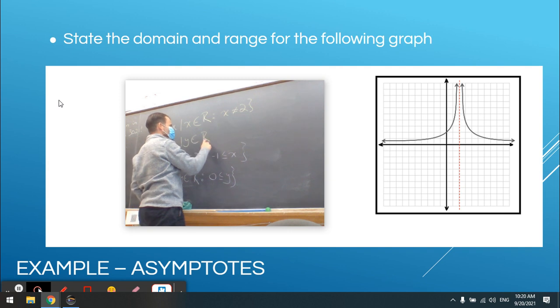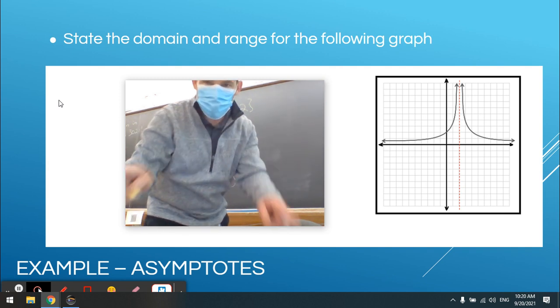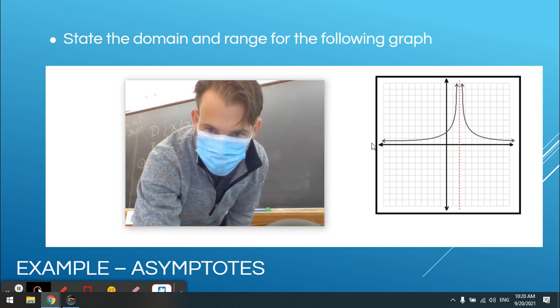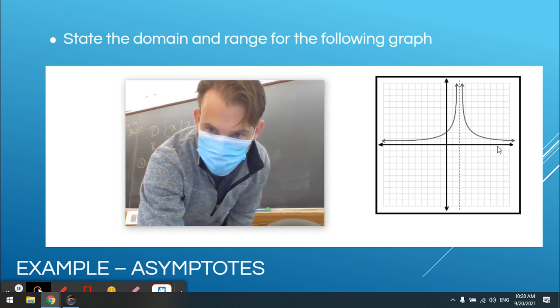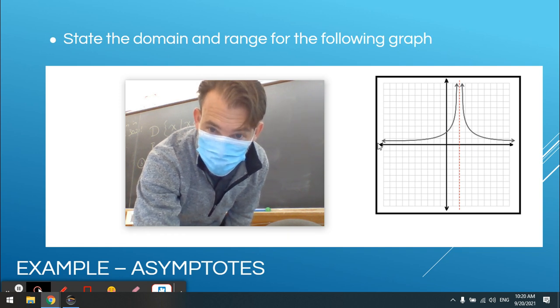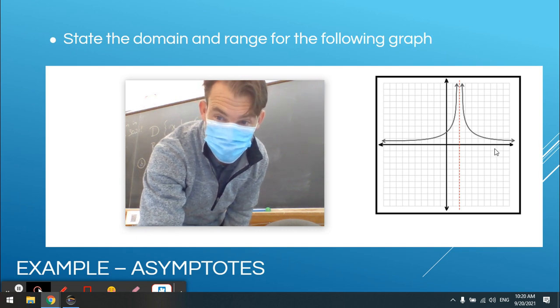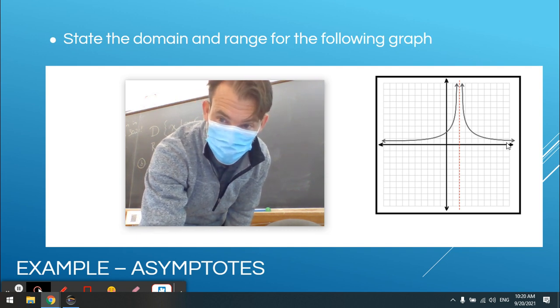And then y also has some limitations on it. It looks like the x-axis is also an asymptote for this function. As y gets smaller and smaller, it will approach but never touch the x-axis, is the assumption we can make from this picture.